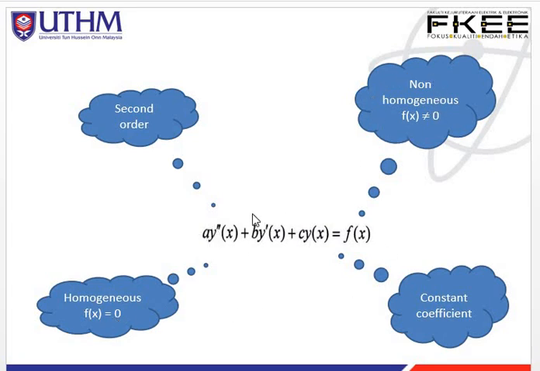Let's say this linear differential equation is not equal to 0, there's some value. So this is a non-homogeneous differential equation. And if a, b, c are constants, we say it is a non-homogeneous differential equation with constant coefficients.